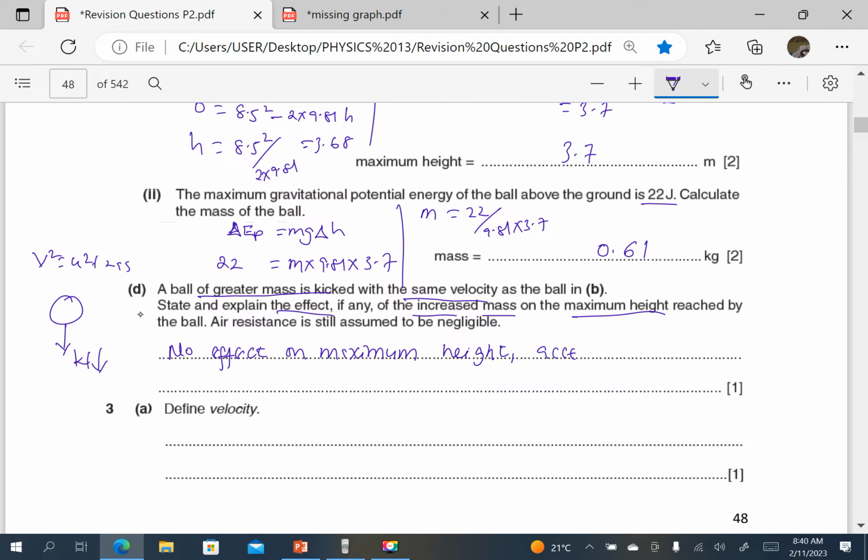Acceleration of free fall, or acceleration due to gravity, is unchanged since it is not dependent on mass.